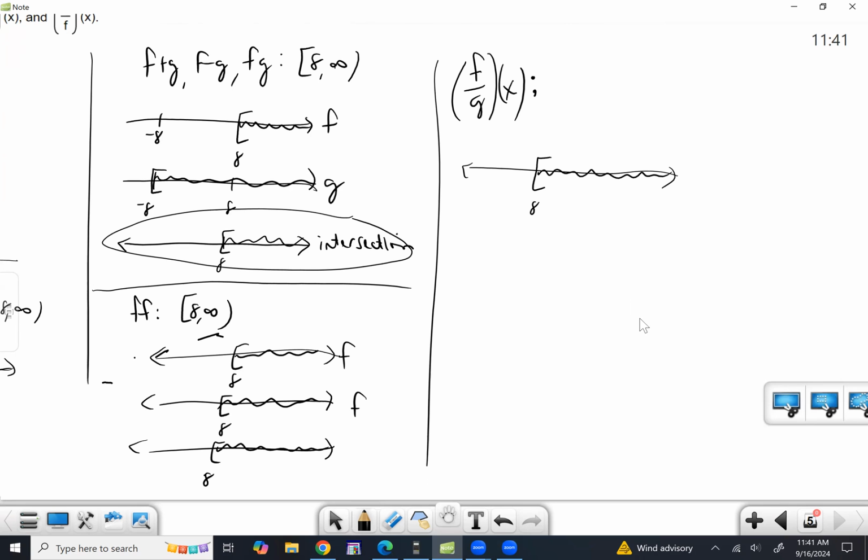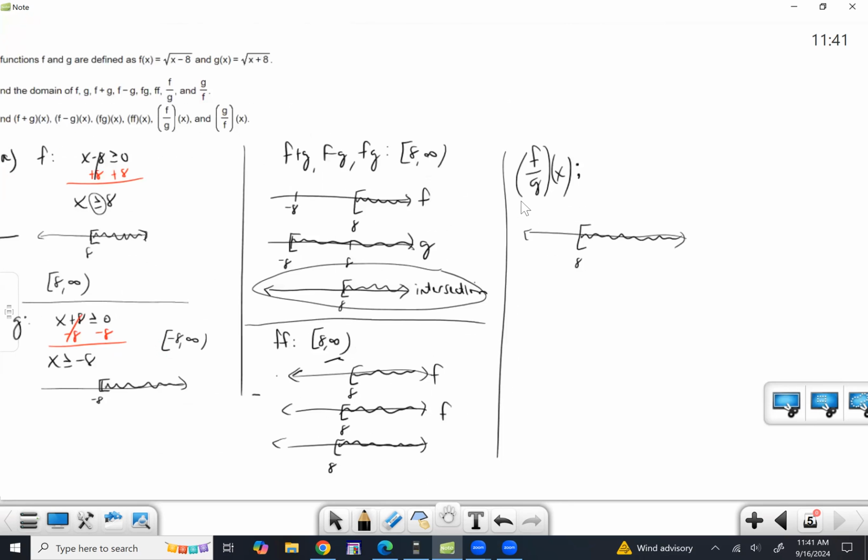You can probably just see what's going to make it 0 if you look at g. Negative 8 plus 8 would be 0. So negative 8 has to be excluded. Well, negative 8 is over here, so it's already been excluded. So it's not going to change the bracket 8 to infinity.